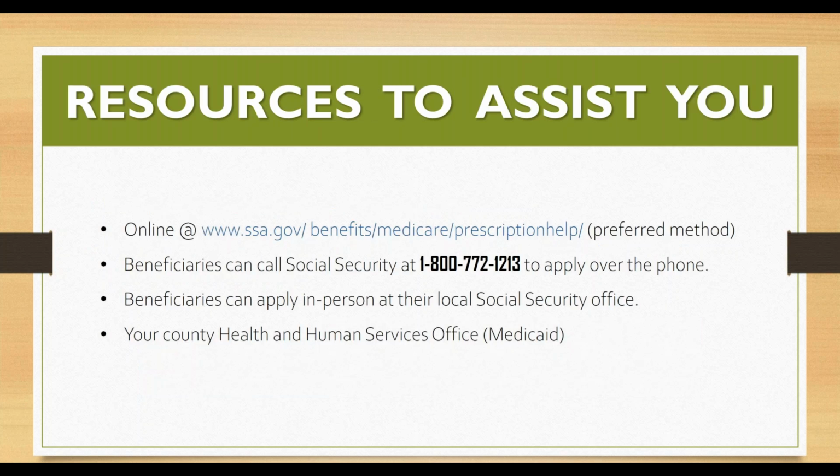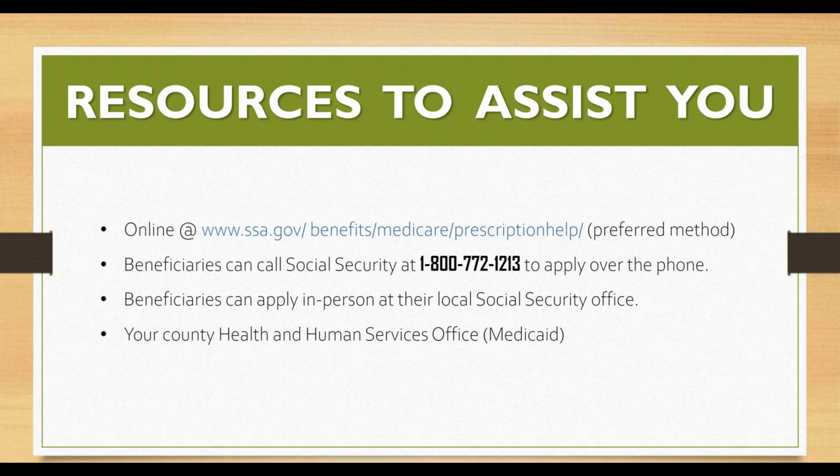All right, so there are some resources available to assist you, and that starts with SSA.gov, benefits, Medicare, prescription. That's the preferred method to enroll. Now, one of the things you're going to find when you do that enrollment for extra help is that it's also going to ask if you want to apply for Medicaid.